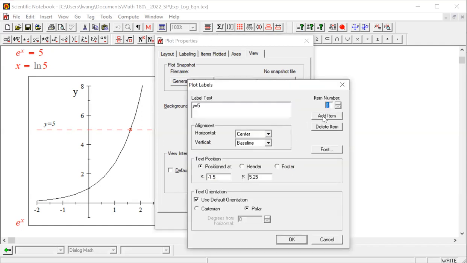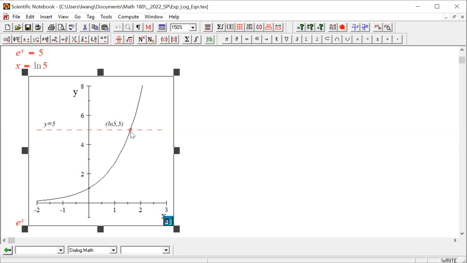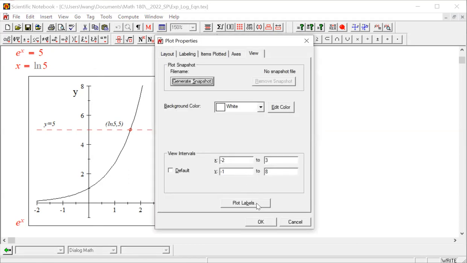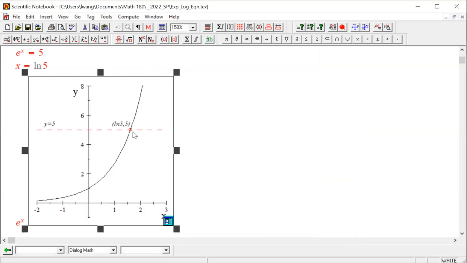So when x is equal to ln 5, the output is exactly 5, right? So we're going to put that over here just to show you the point. I can make it even closer. Let me make it just a little bit closer. Okay, would this be better? Okay, yeah, this is better.